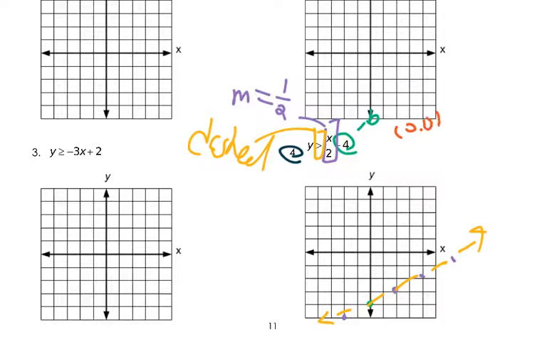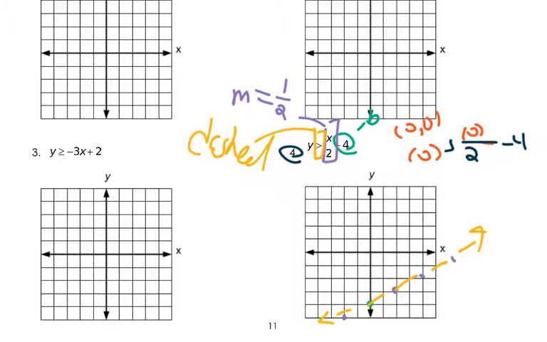0, 0. I'm going to plug that back into the inequality. So 0 is greater than 0 over 2 minus 4.